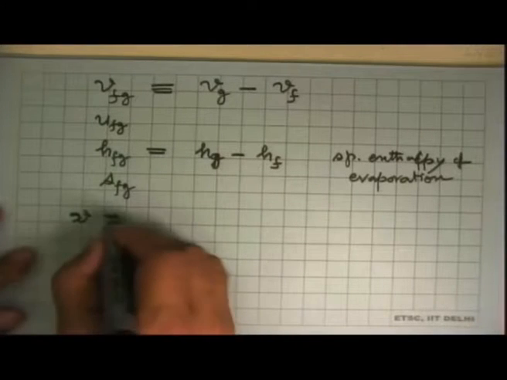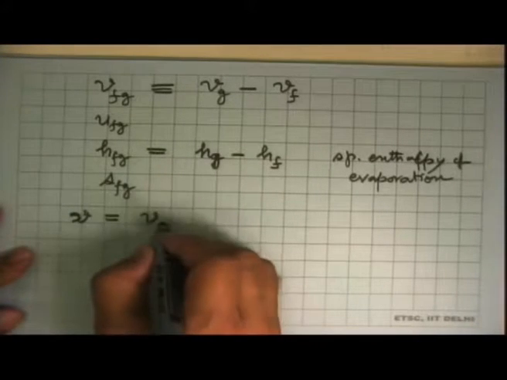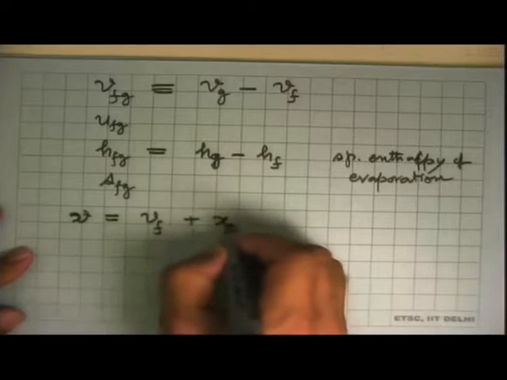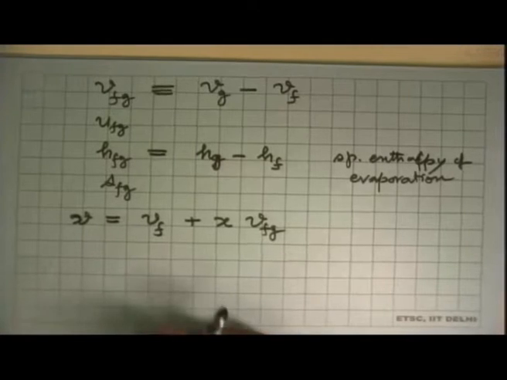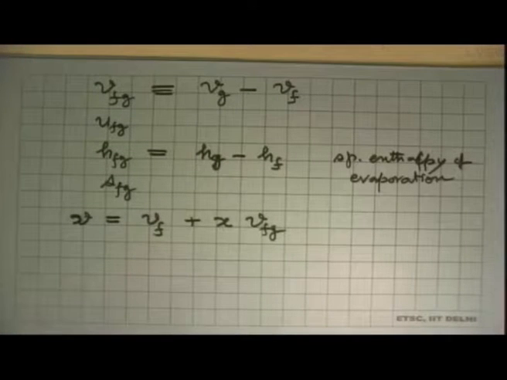So if you want to express the value of, say, V, you can write that Vf plus x Vfg. That's another way of writing the same equation. Or in the earlier equation that we wrote, where we defined dryness fraction in this way, this we can further write as x equals V minus Vf upon Vfg.